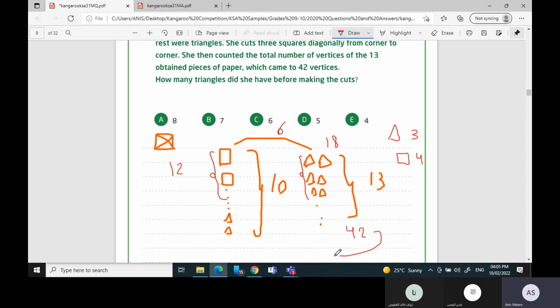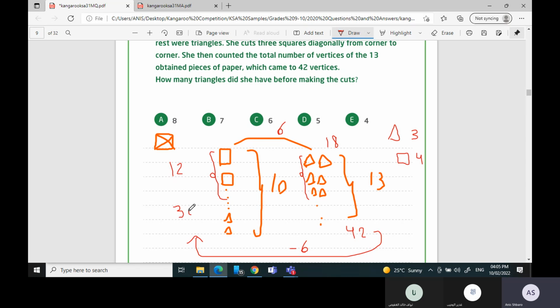Initially, we're going to subtract 6 from 42, because we had an increase of 6 vertices. Now let's undo that move and we see that we had initially 42 minus 6, which is 36.